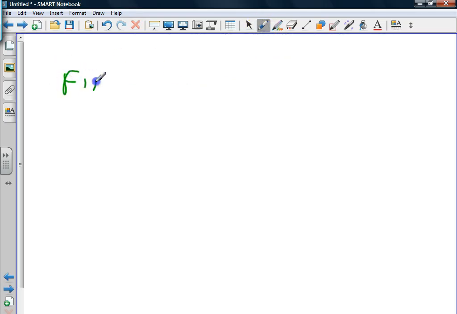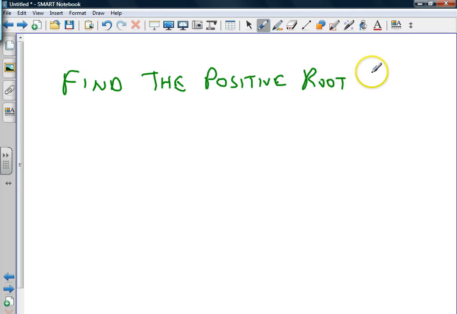Find the positive root of f of x equals x squared minus 2. And if I don't tell you, the precision is fix 4. If I want more than that, I'll say use fix 6 or fix 10 or something. That just gives you more decimals when you're done that are accurate.